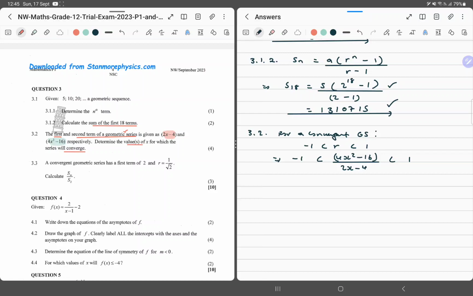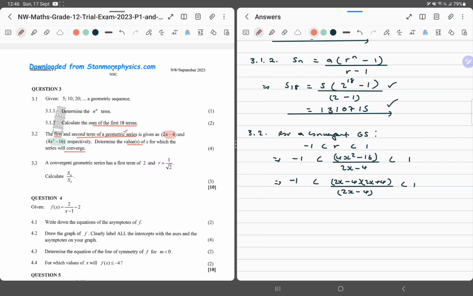So what do we do there? We know that in the numerator we've got a difference of 2 squares right there. So basically, if we factorize that, we're going to have here 2x minus 4, 2x plus 4, all over 2x minus 4, less than 1.